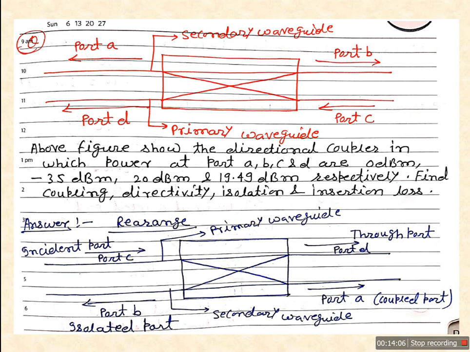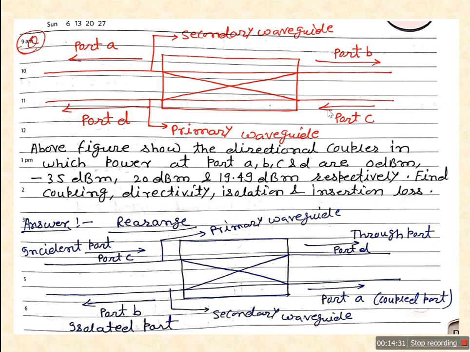Check the directions. Here the direction is this side, here also this side. Check the direction on the other side too and match the directions with the other sides. Then you are sure that this is the input port. Port C is the input port.